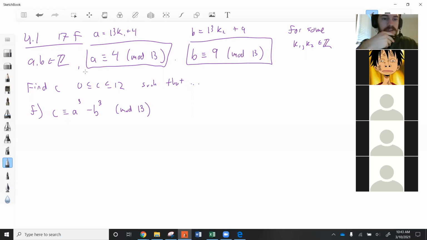So now what we want to do is think, what's going to happen when you do A cubed minus B cubed? Well, you can read right at the end of section 4.1, it's talking about all the properties that the integers modulo n, or m, it uses m, have.